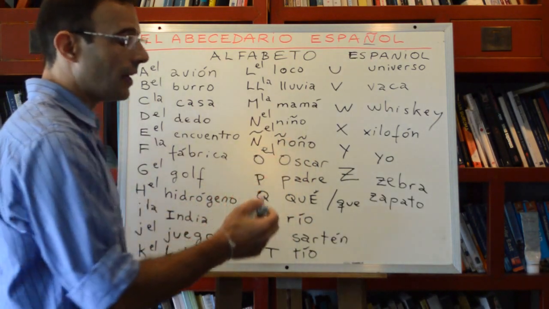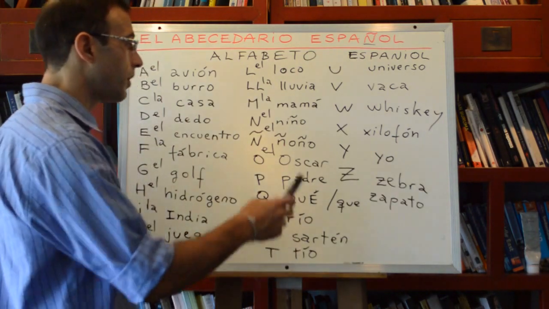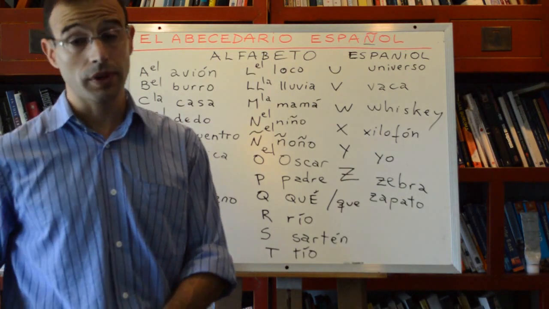Ñoño is an adjective. It's not a noun. Therefore, adjectives don't carry articles.